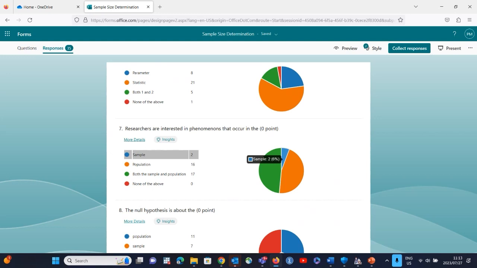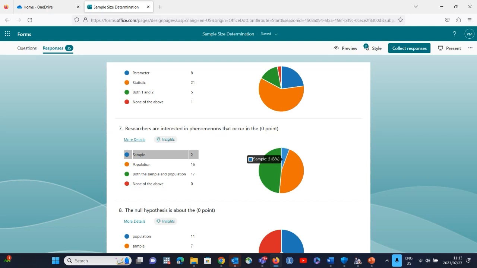When we make inferences, we infer to some population.